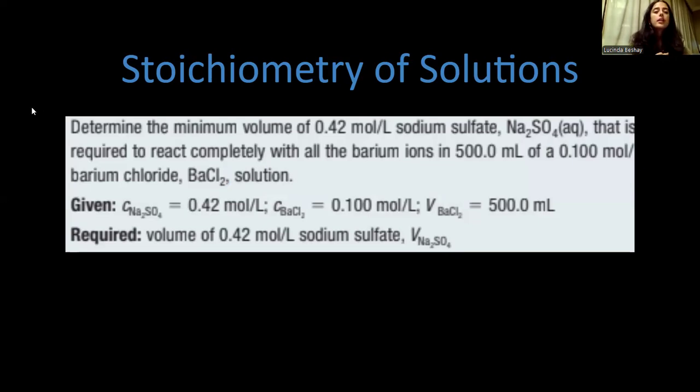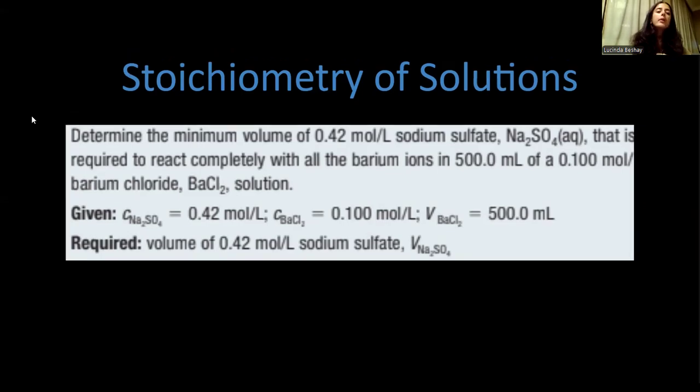So what is the question saying? The question is saying, determine the minimum volume of 0.42 moles per liter sodium sulfate that is required to react completely with all the barium ions in 500 milliliters of a 0.100 moles per liter barium chloride solution. So we've got a volume of 0.42 moles per liter of sodium sulfate that is required to react completely with all the barium ions.